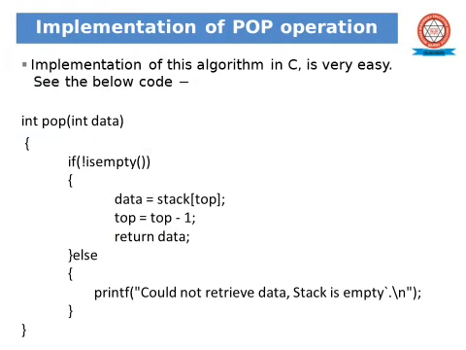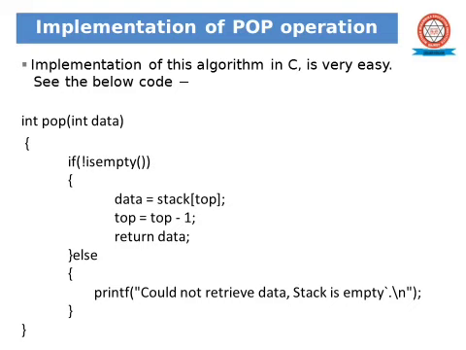Implementation of pop operation. So implementation of this algorithm in C is very easy. See the below code. Here we are taking the data type integer for our function because it returns a value. So the function name is int pop with one parameter of integer type.